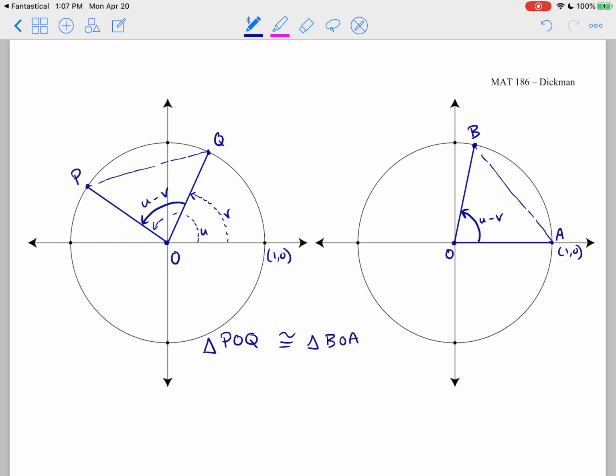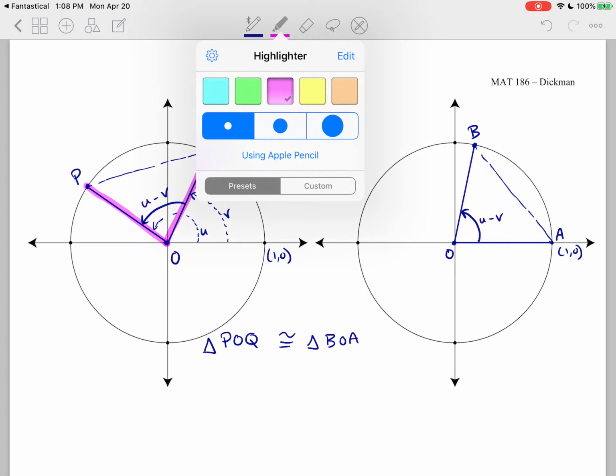Okay, and we know that because of the side angle side property of congruent triangles. So we know that both PO and OQ have a length of 1 because they're both radii. And so those are the same length as OB and OA in my second triangle. So we know that this side right here and this side right here have a length of 1.